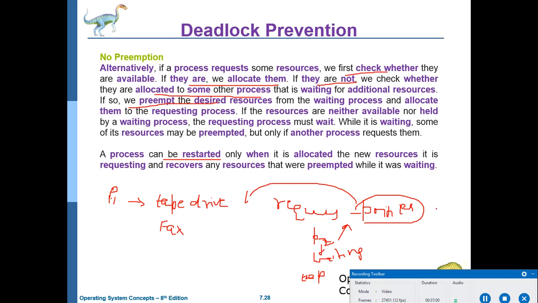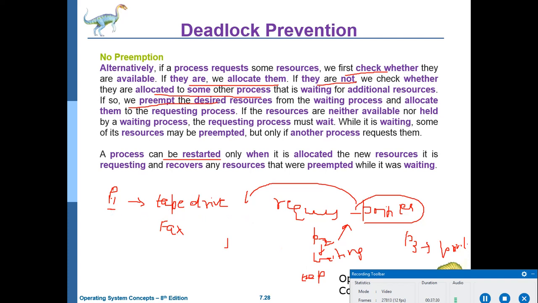Now let's assume the resource is not available and it is not held by some waiting process. That means we have some other process P3 which is using the printer. While process P1 is waiting, some of its resources may be preempted, maybe because process P2 is waiting for the tape drive. Now process P1 is waiting for the printer.